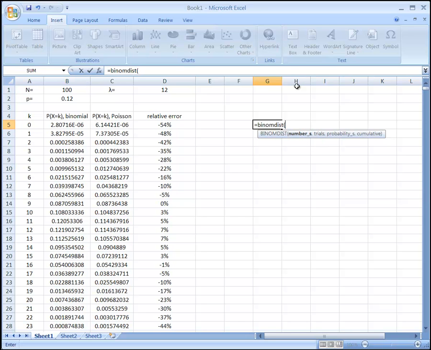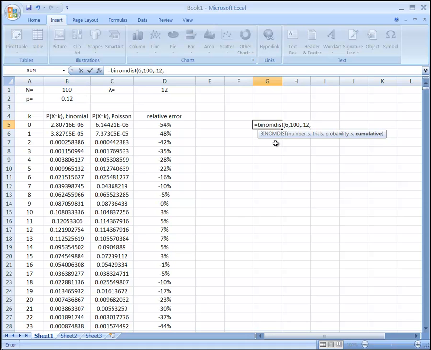N is your trials. So let's go down here to k equals 6. My number is 6. That's the number that I'm trying to find the probability of. The trials is 100. The probability, that's the p-value. It's the probability of success in one trial. That's our 0.12.